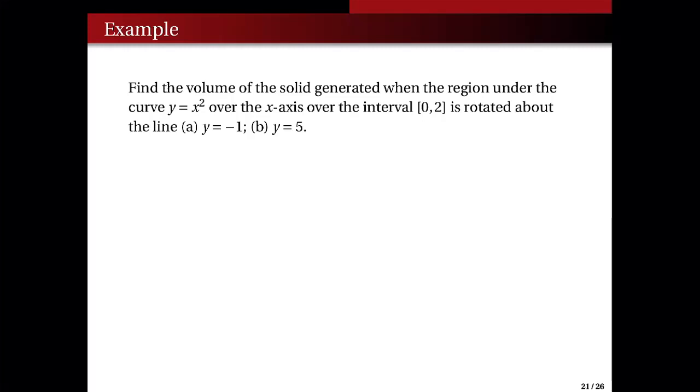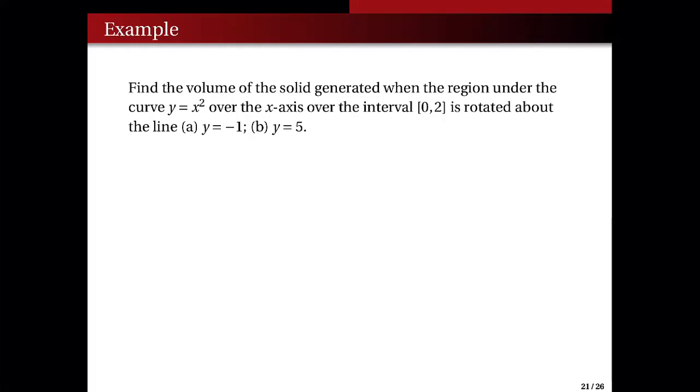And then the other problem here is if the axis of revolution is y equals 5. So this time, the axis of revolution is not the x-axis. The x-axis has equation y equals 0. This time, the axis of revolution is not y equals 0.